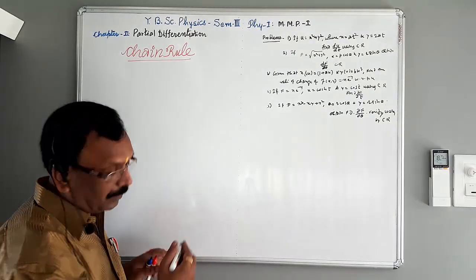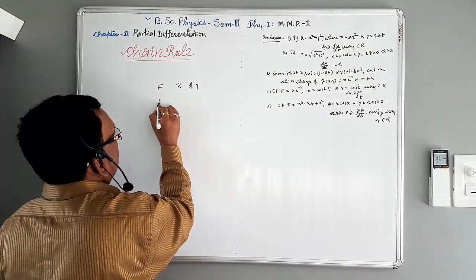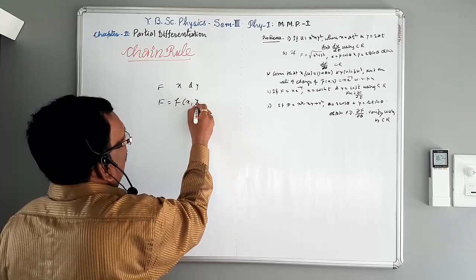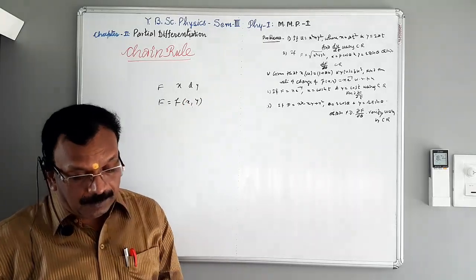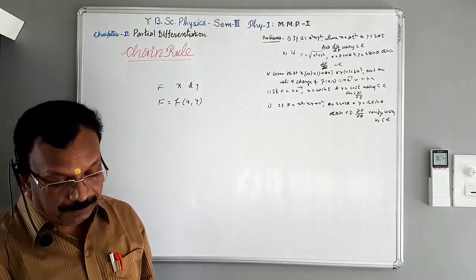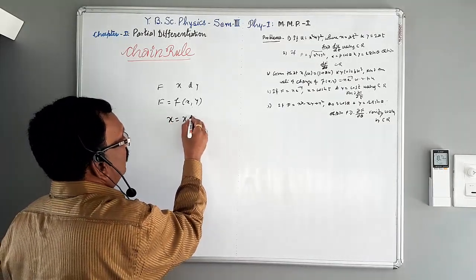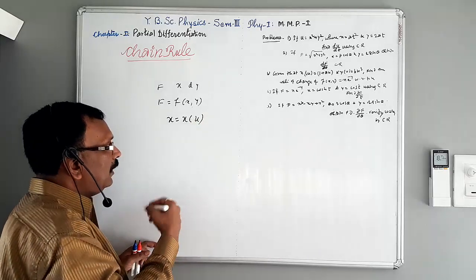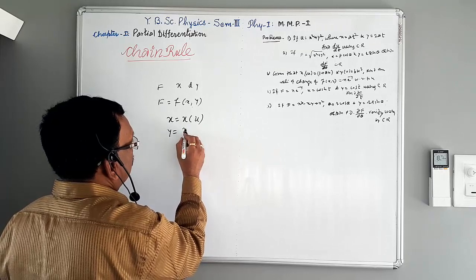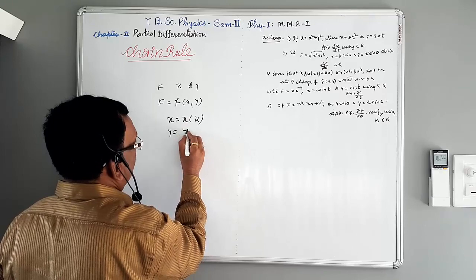Let f be a function of x and y, that is, f is equal to f of x comma y. If x is a function of u, we can write x is equal to x of u. And y is another function of u, that is y of u.